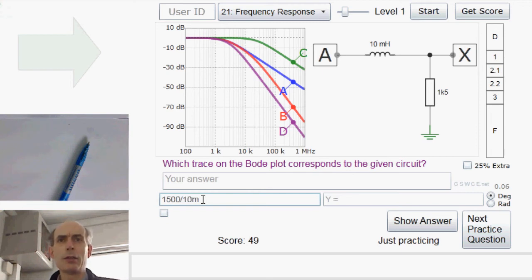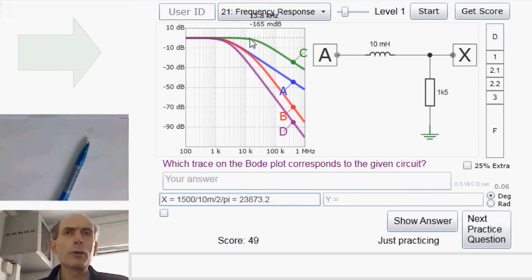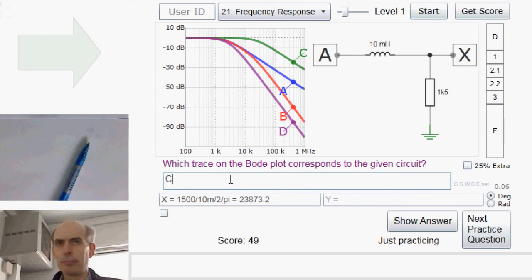And that's in radians per second, so we'd have to divide by 2 and divide by pi to get the answer in hertz. So around about 24 kilohertz we'd be looking at. And 24 kilohertz is about here. C is about 3 dB down at about 24 kilohertz. All of the others are much, much further down at the pole frequency, so the answer must be C.